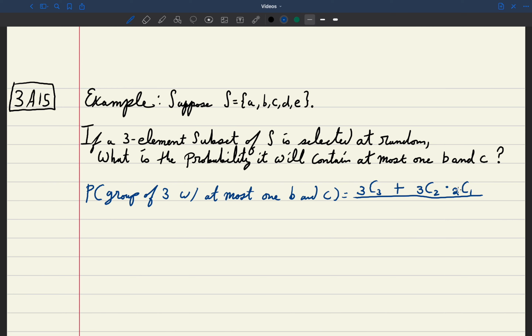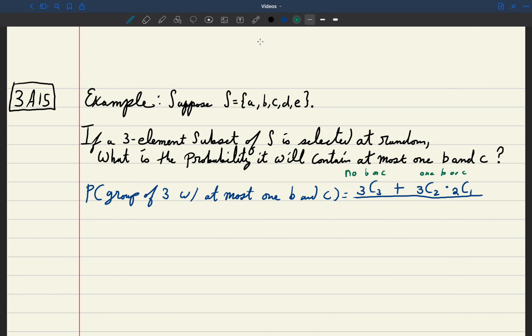The reason I'm multiplying is because this is the same scenario. We add different scenarios. So this scenario is that there's no B or C, and this is the scenario that we have just 1 B or C.